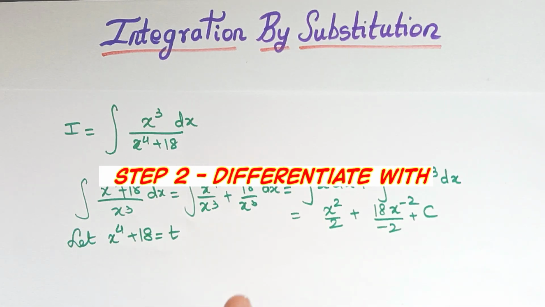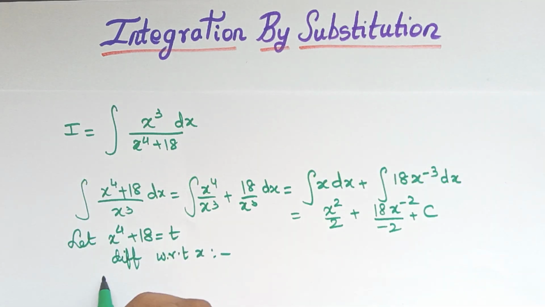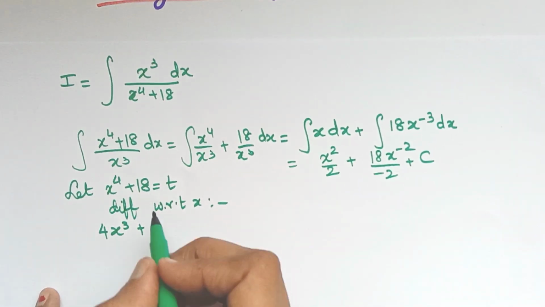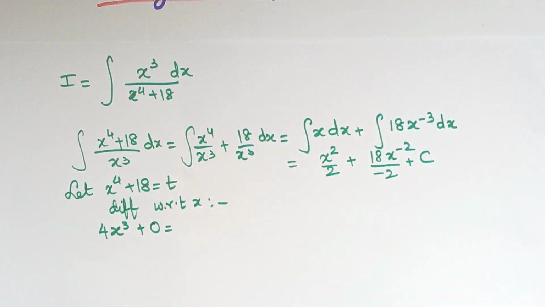The second step is to differentiate both sides of this expression with respect to x. So what will we get? 4x cube. Now 18 on differentiation will give you 0, equal to dt by dx, since you're differentiating t with respect to x.